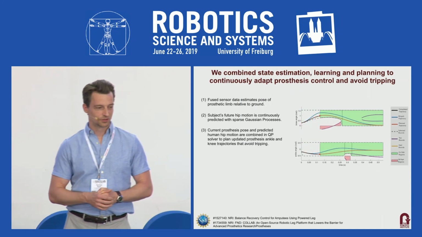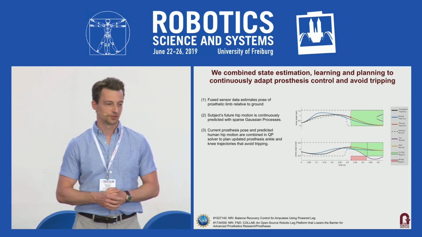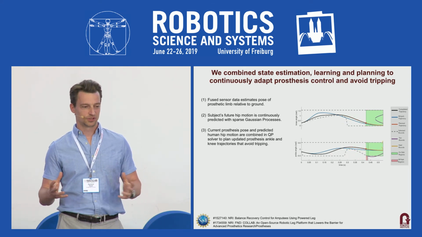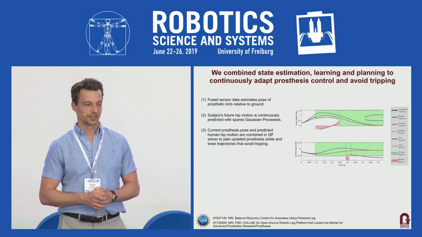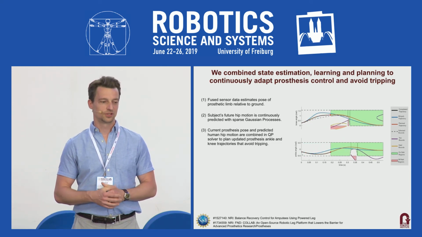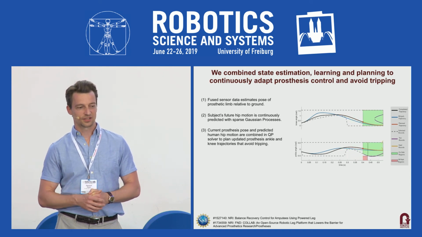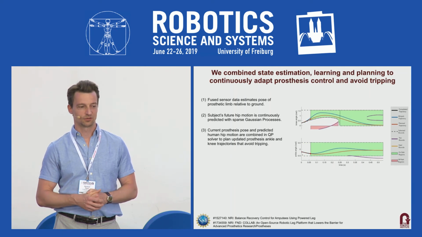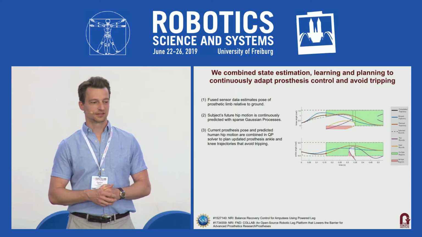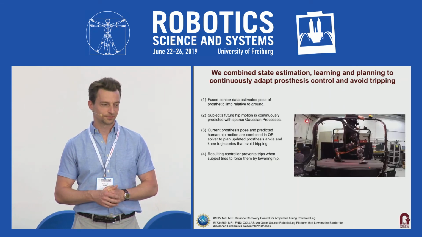With those 2 elements, the current prosthesis pose and the predicted human hip motion, we combine them in a quadratic program solver to plan updated prosthesis ankle and knee trajectories that avoid tripping. In this particular animation, the black areas indicate trajectories that would lead to a trip, and green areas are okay. Instead of a blue, regular minimum jerk trajectory, you see a red trajectory that is continuously updated.